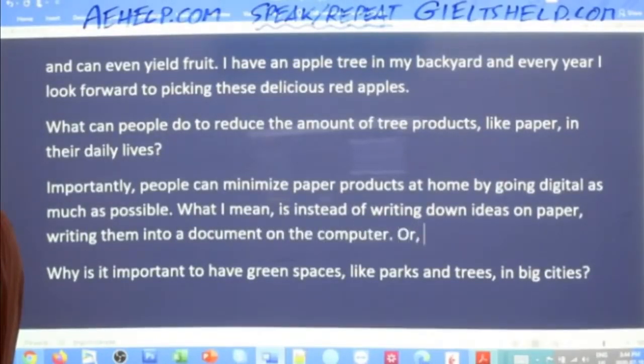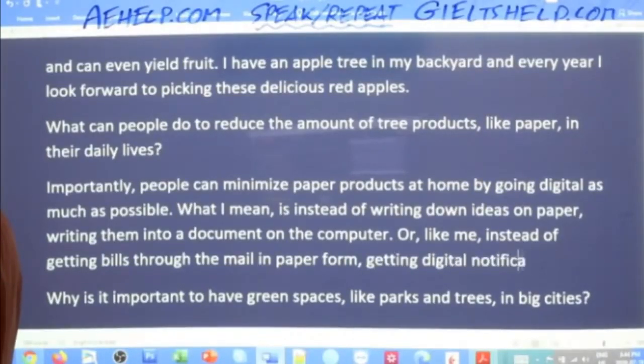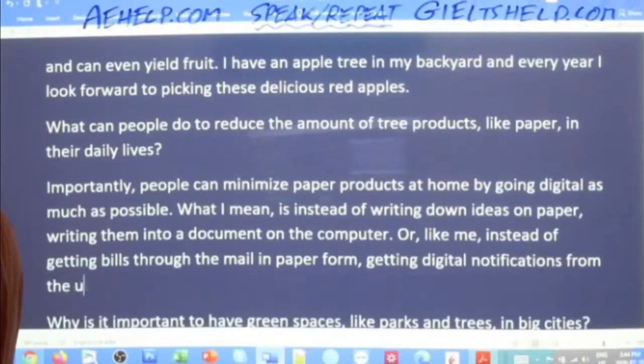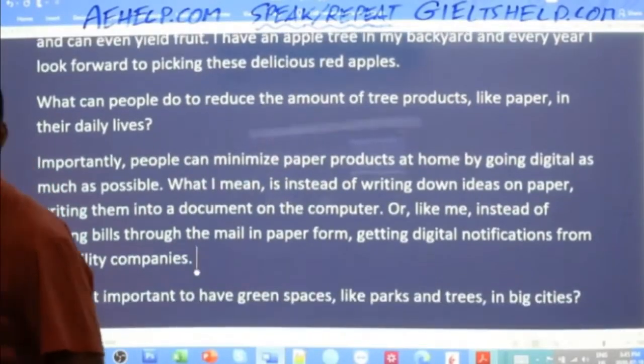Or, like me, instead of getting bills through the mail in paper form, getting digital notifications from the utility companies. Okay, all right. So there's my answer.